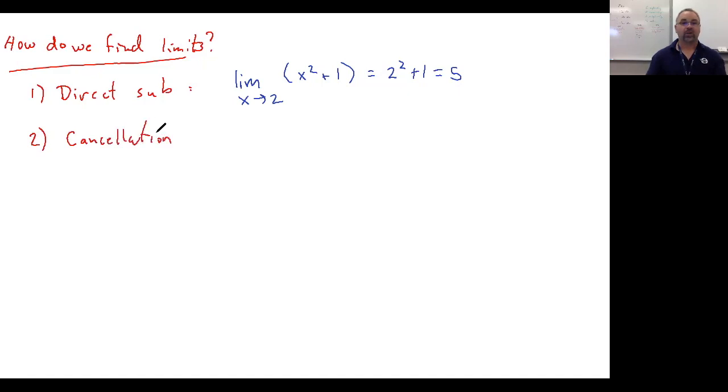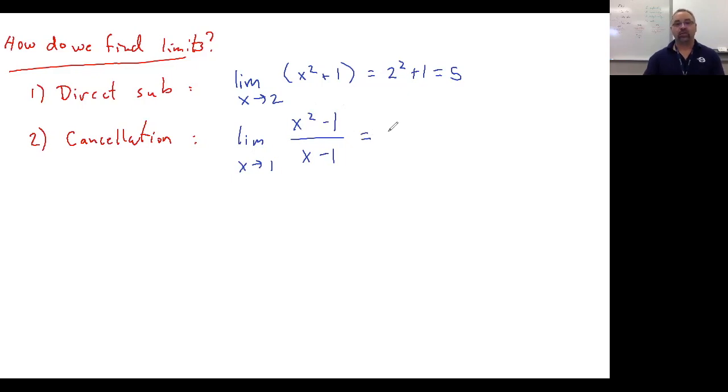And you know that there are some other techniques for that. Cancellation was a real popular one. When we first started out, we said, okay, maybe your function actually has a discontinuity in it. So I'm talking about the limit as x approaches 1 of x squared minus 1 over x minus 1. At that point you go, oh shoot, I can't direct substitute because I would be dividing by 0.